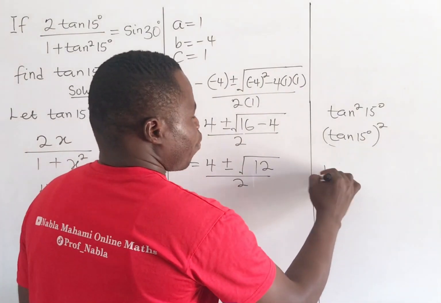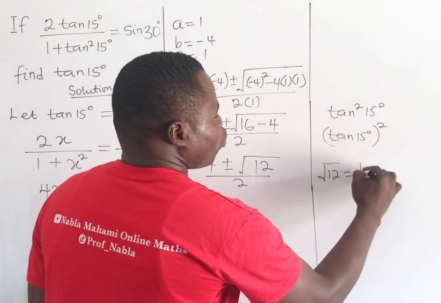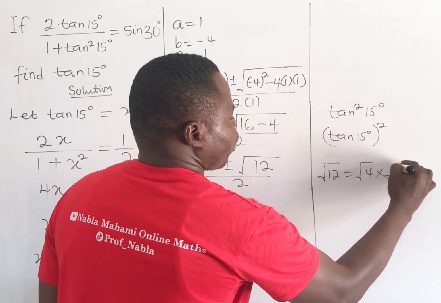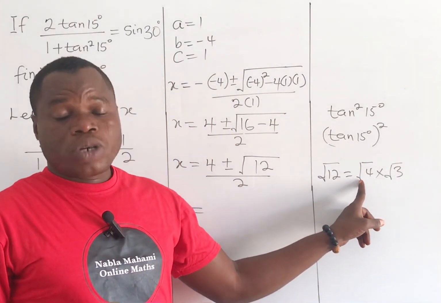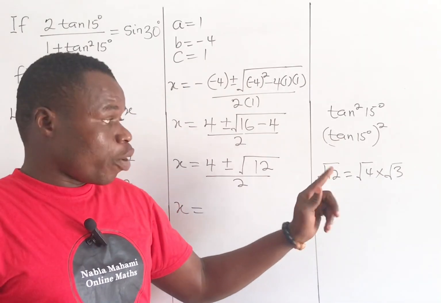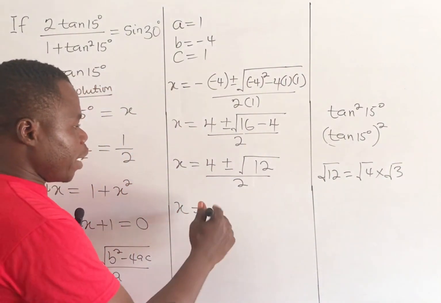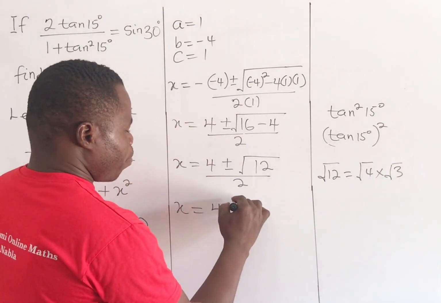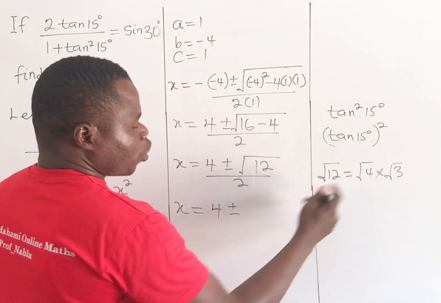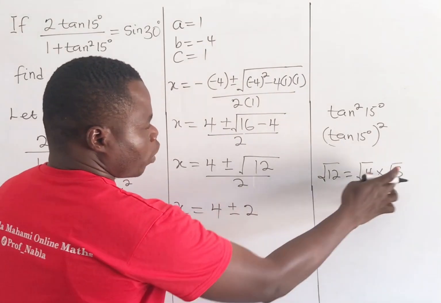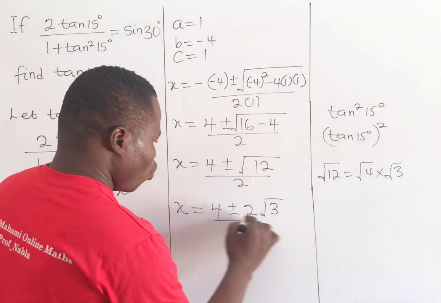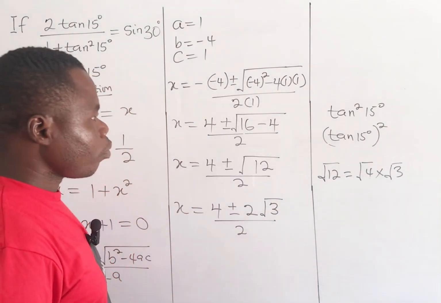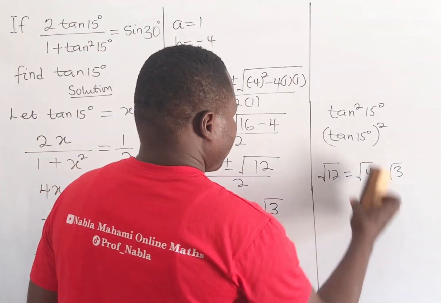To continue, let's look at something. Square root of 12 is the same as square root of 4 times square root of 3, because 4 times 3 is 12. But we know that square root of 4 is 2, since 4 is a perfect square. So here I'll have 4 plus or negative, if I take square root of 4, I'll get 2, then multiply by root 3, all over 2.